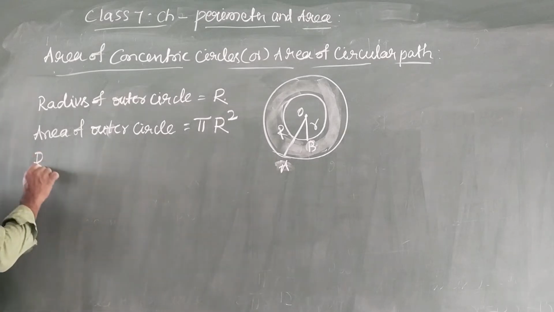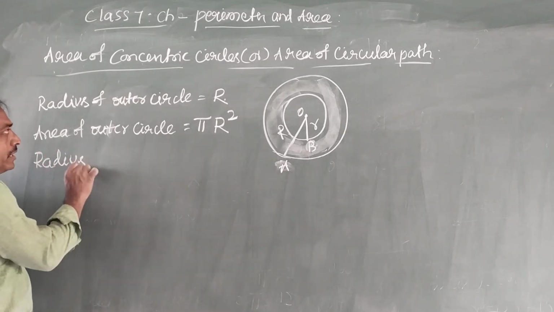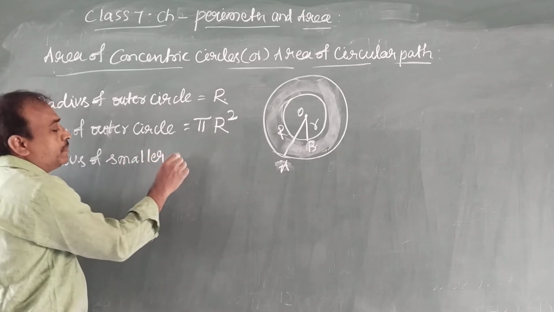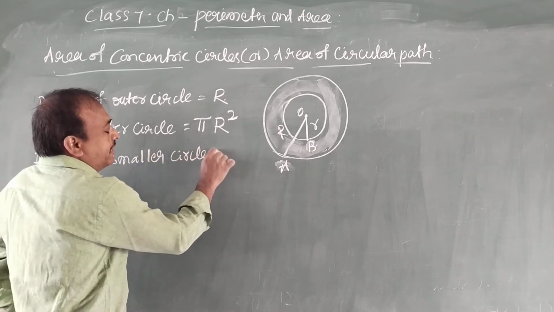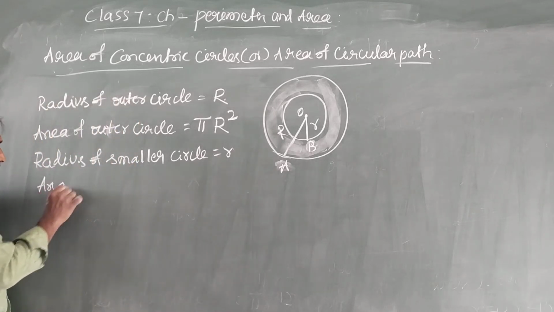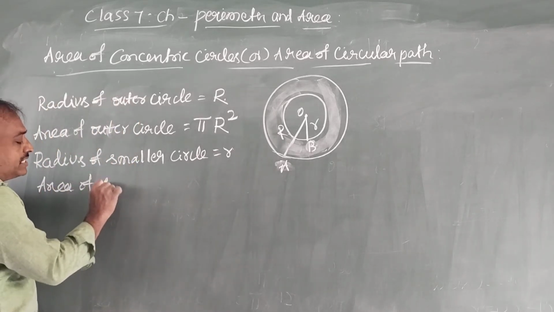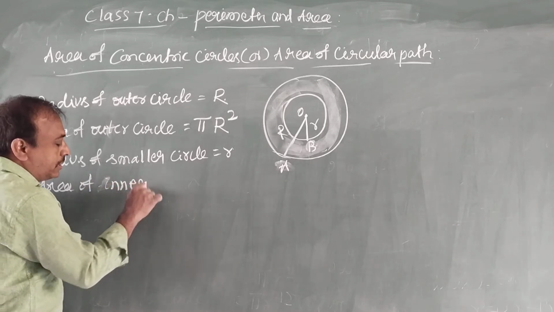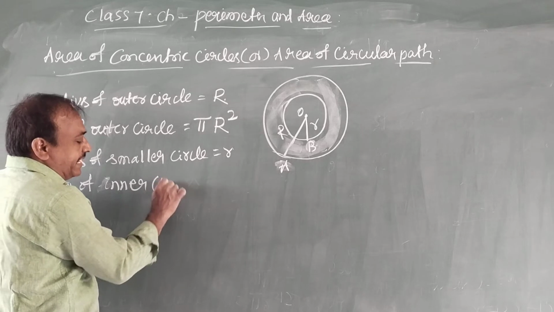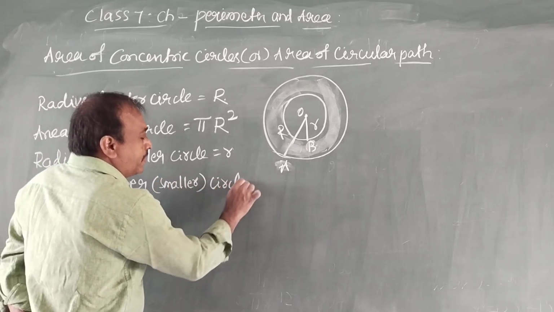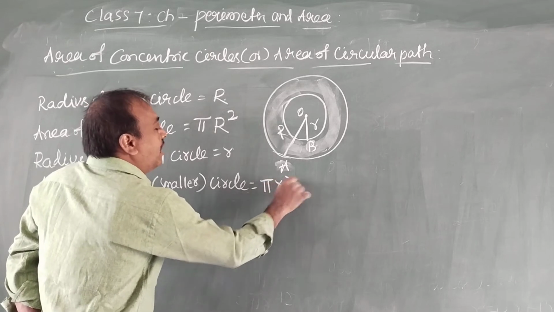Then the area of the inner circle, the smaller circle inside it, is pi small r square.